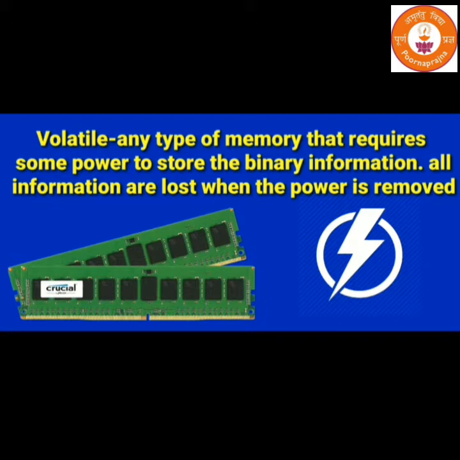So RAM has the ability to store the data only when the power is on. If you switch off the power without saving, it will lose all your information. Whatever information is there in the random access memory, all of it will be lost. That type of memory is known as volatile memory.